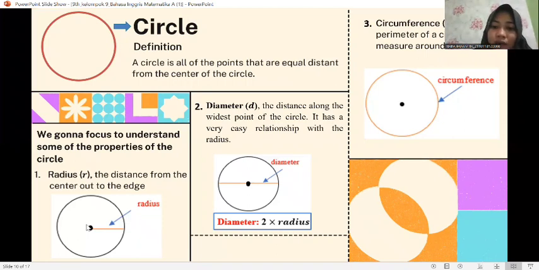So we have diameter is from circle to circle through the midpoint.